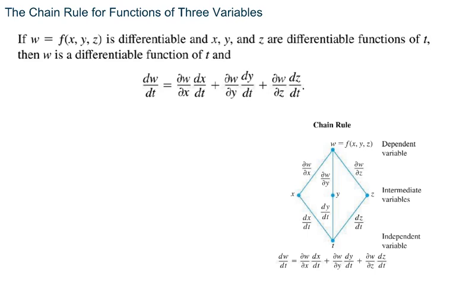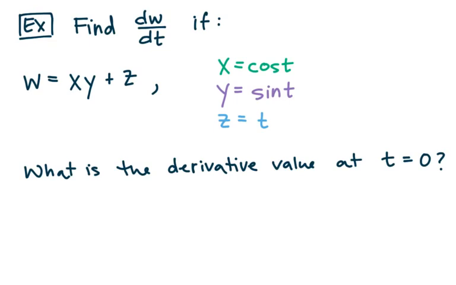So let's do an example of what this would look like. For this example, we are going to find the derivative of w, a function of three variables, x, y, and z, with respect to t. Now, x, y, and z are each functions of t. So we're going to find that derivative, and then evaluate it at t equals 0.